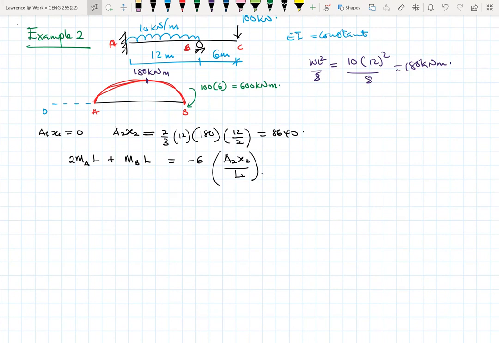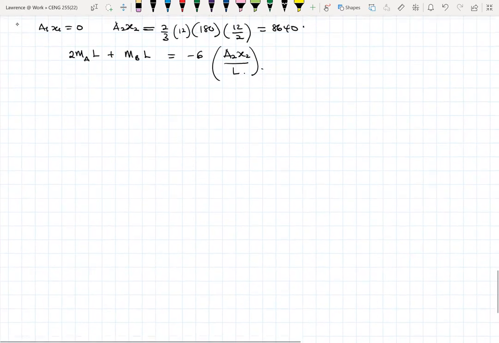So I can end up with 2MA plus MB equals minus 6 A2X2 over L. Am I correct? No, I'm not correct. So let me just leave it as it is so that I don't confuse you. This is fine. Let me just go with this method.